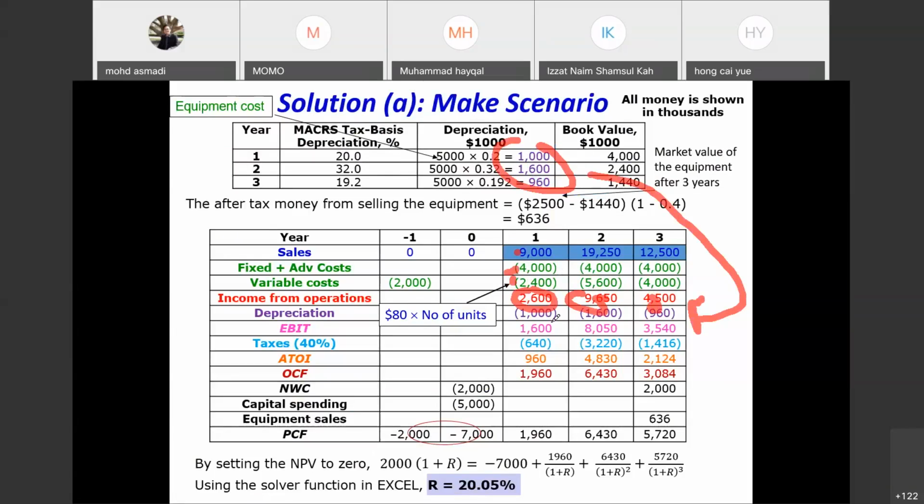And then you can get EBIT similarly, just minus, and then tax, this one times 40%. And then ATOI, this is similar calculation. And this one is 636. We can get from this one the value of the equipment, and then you add this one, right?